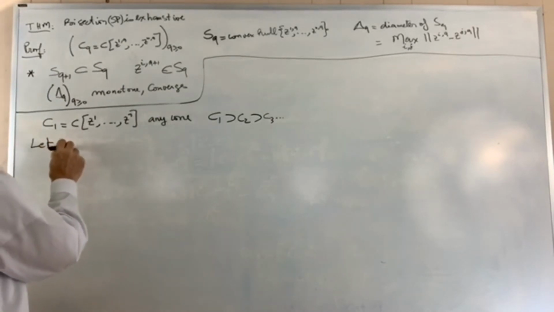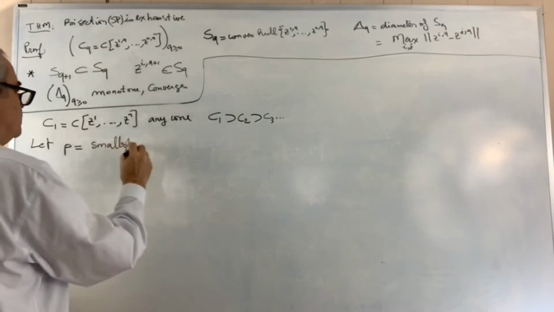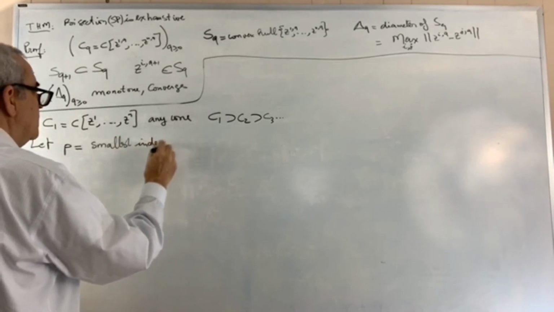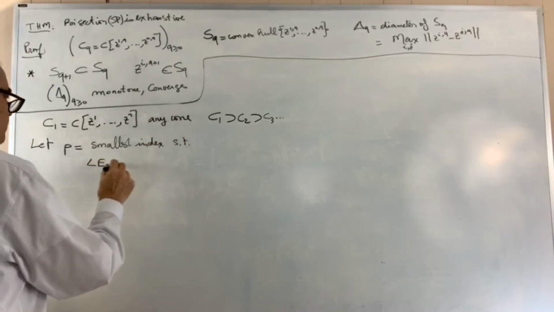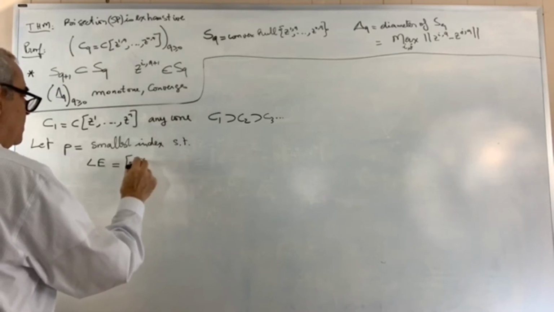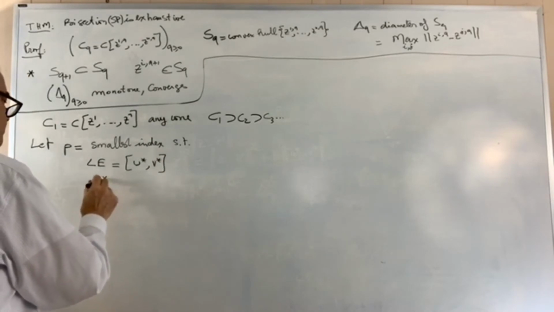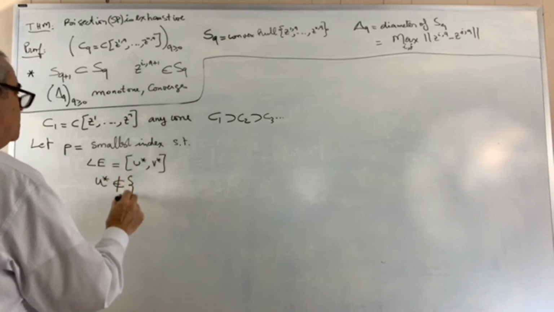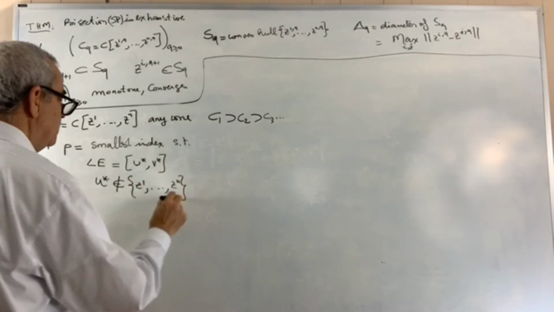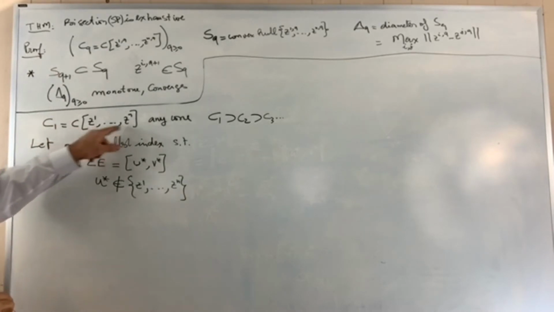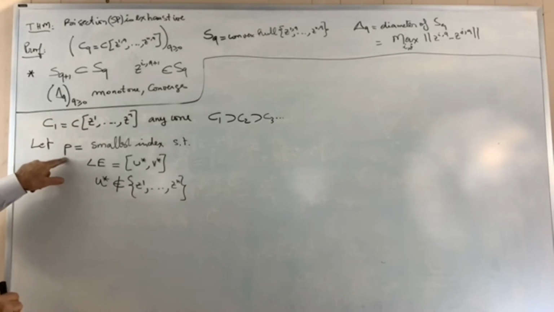Now I'm going to let P be the smallest index such that the longest edge, let's call it U star, V star, and U star does not belong to these vectors, Z1 through Zn. Okay, U star is not among these original vectors. I'm going to record that, and call this P.